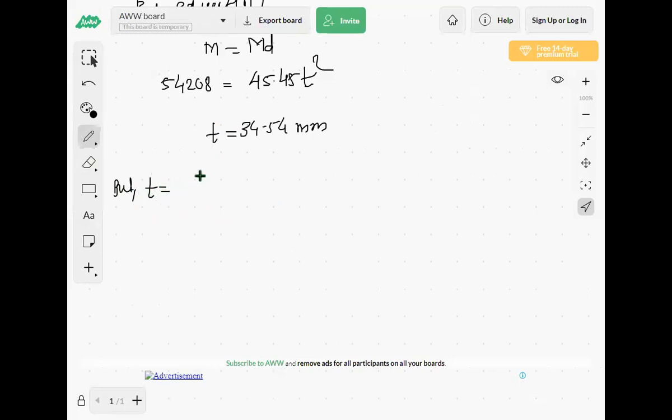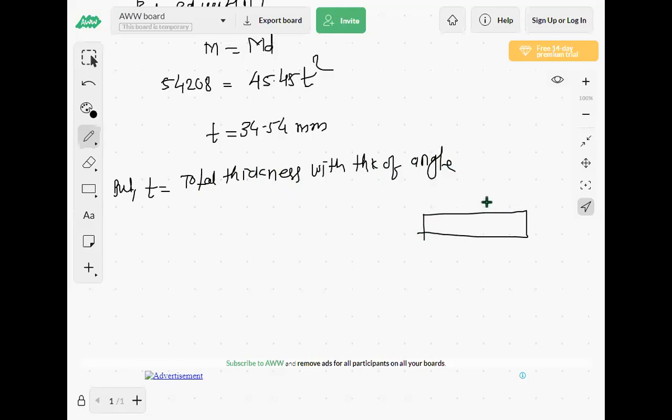But T is equal to total thickness, with the thickness of angle. It means what? Actually, this is the thickness of gusset plate. This is your angle. So this is the thickness of angle.